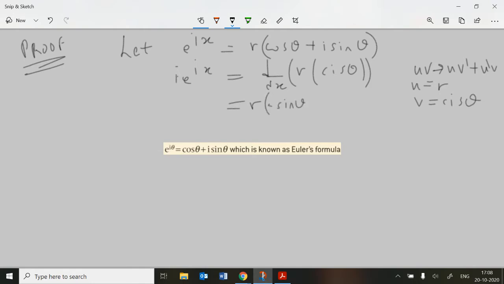We get minus sine theta there, and the derivative of this is going to give us plus i cos theta. Okay, and we've differentiated this with respect to x, so we really need here an extra d theta dx.